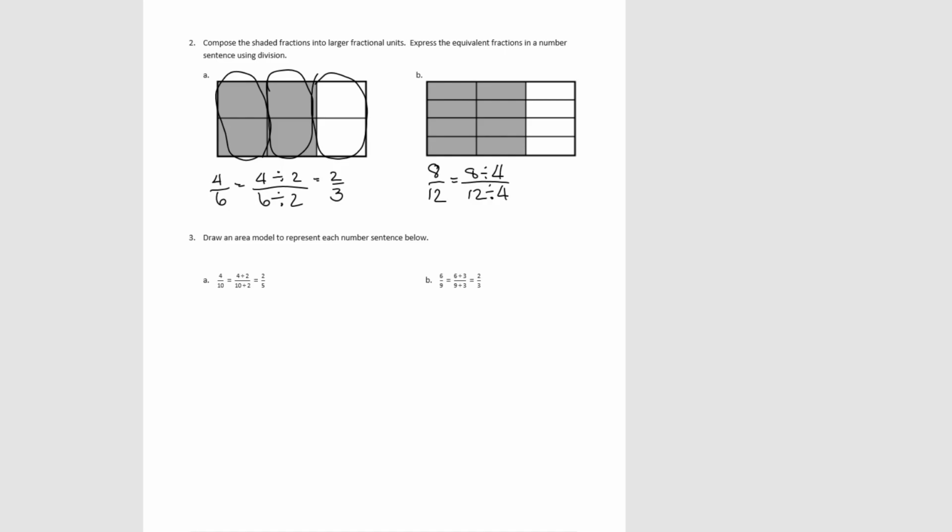So we could divide by 4 and get 2/3. And 2/3 is in simplest form, showing that here we're composing the smaller units into groups of 4, shown by our division, and we end up with 3 total units, of which 2 are shaded.